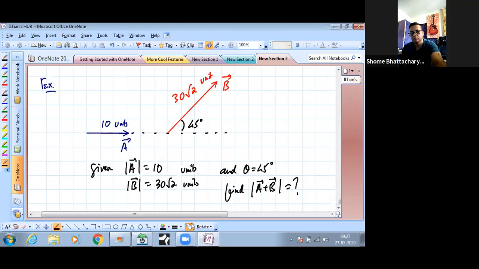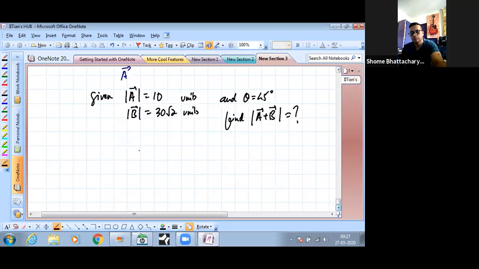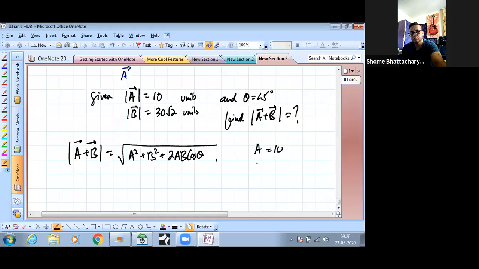Okay. So just use the standard value here. In the formula, substitute A as 10, B as 30 root 2, and cos theta as cos 45, which is 1 by root 2.